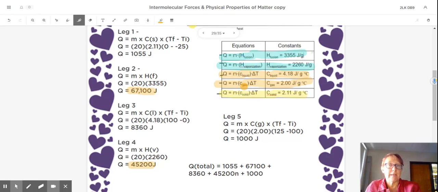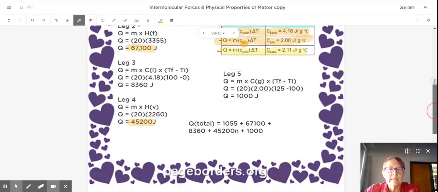We've got the exact same mass of material, but leg 2 takes 67,000 joules of energy to take ice and form liquid water, whereas it only requires 45,000 to take it from liquid to vaporizing it to form a gas. So it gives you an idea that it takes more energy to melt ice than it does to boil water.